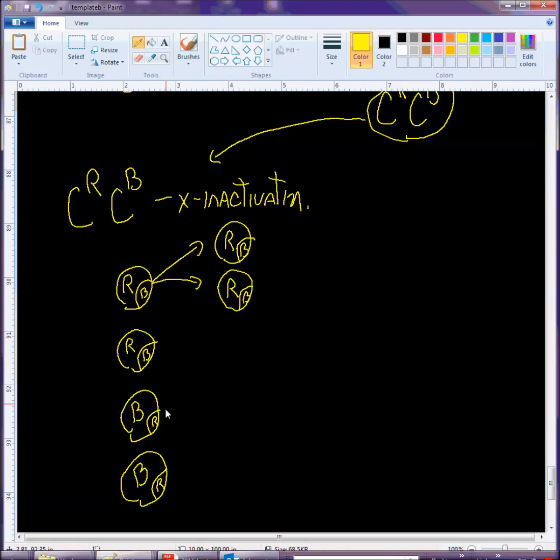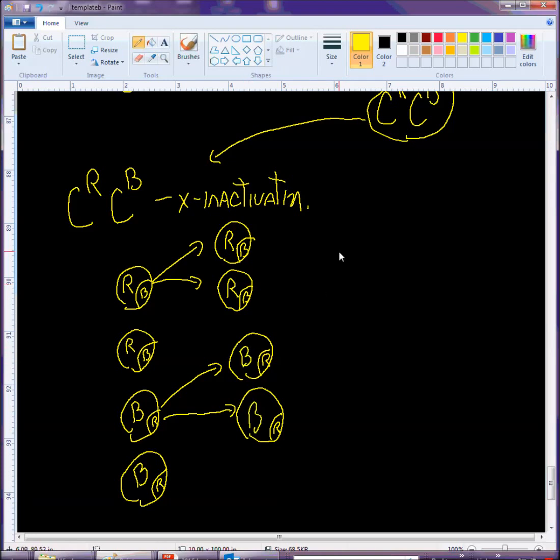Same thing for cells which have the X chromosome carrying the red allele inactivated. So I've diagrammed the nuclei here. So let's say that undergoes mitosis, and we've now got 2 cells with nuclei here, and each time the X chromosome with the red is inactivated. So once an X chromosome is inactivated, it stays inactive in all of the daughter cells following each mitosis.